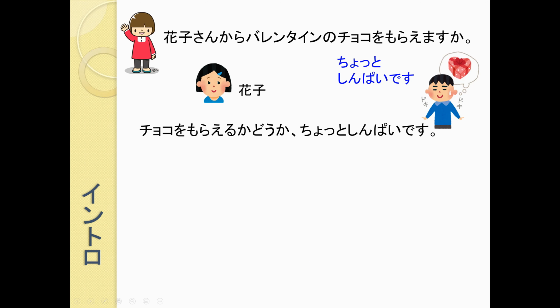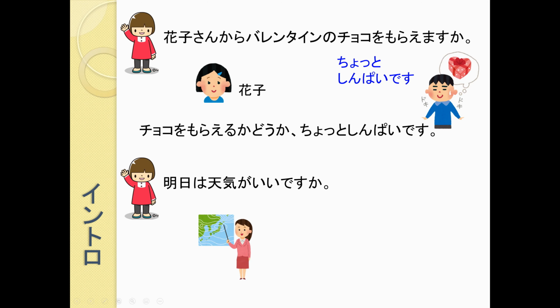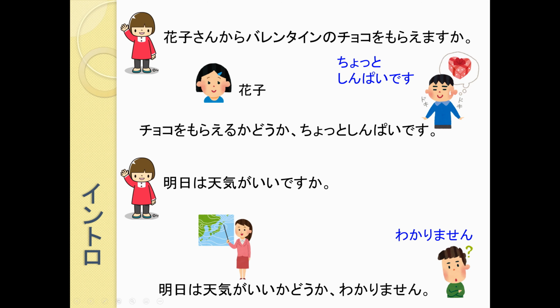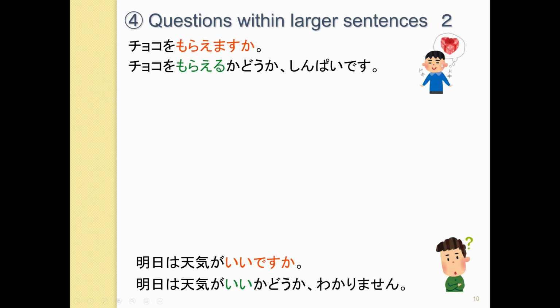What am I a little worried about? チョコをもらえるかどうか、ちょっと心配です。明日は天気がいいですか？わかりません。明日は天気がいいかどうかわかりません。So our second type of question within a larger sentence is a yes-no question.